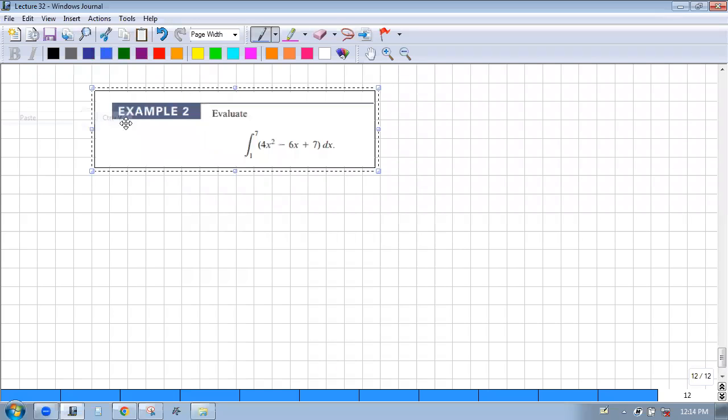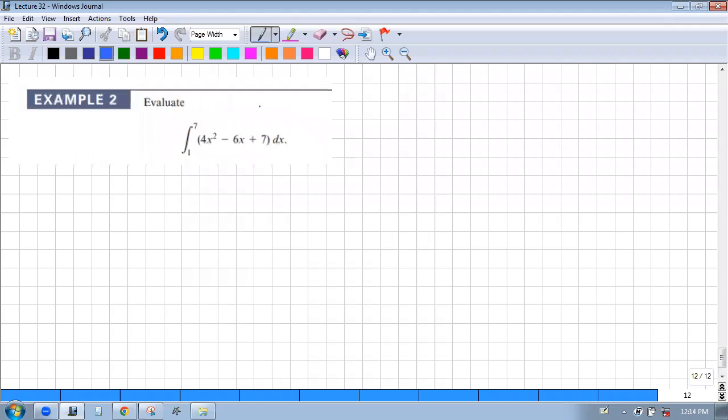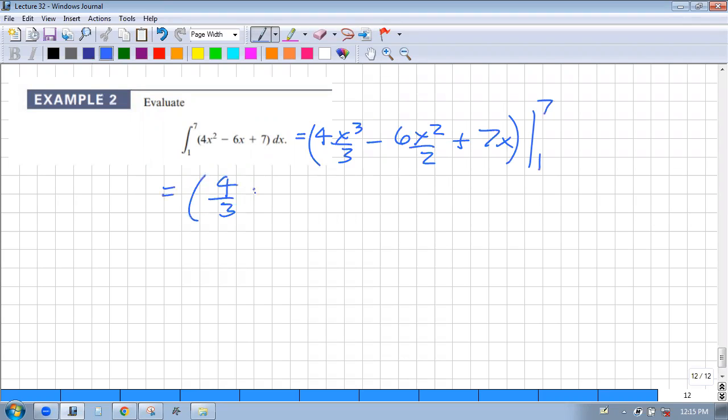If we want the area, well, they just say evaluate. They don't mention area. So that's what it is. So we'd say, okay, we have a 4. The integral of x squared is x cubed over 3. We have a minus 6. The integral of x is x squared over 2. The integral of 7 is 7x, evaluated from 1 to 7. So we could simplify this a little bit. 6 over 2 is 3, right?